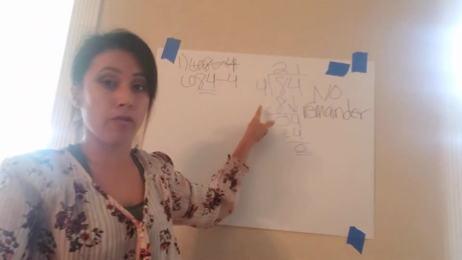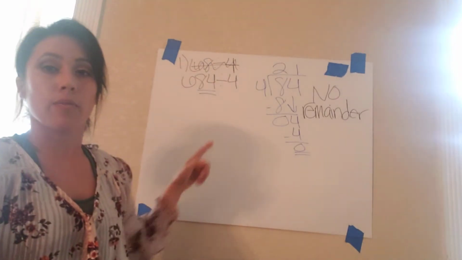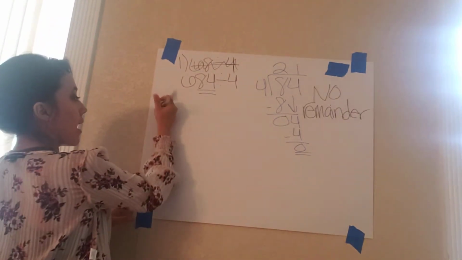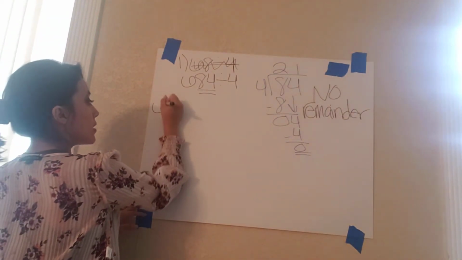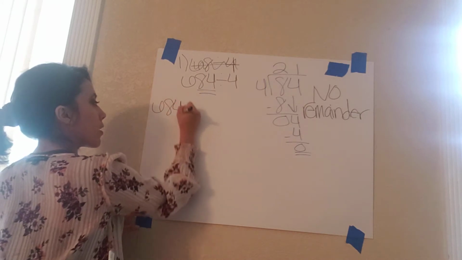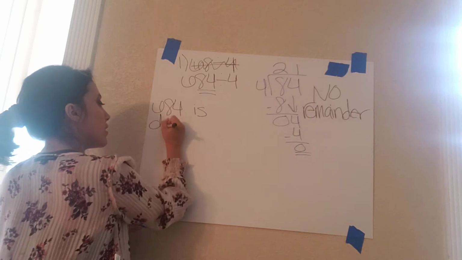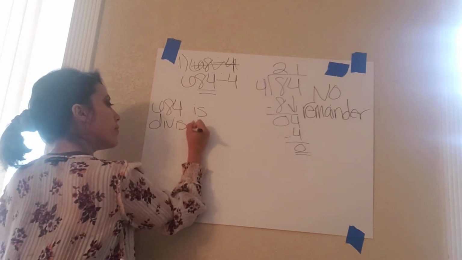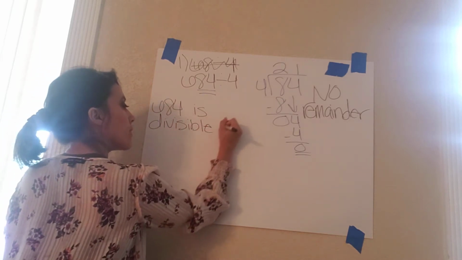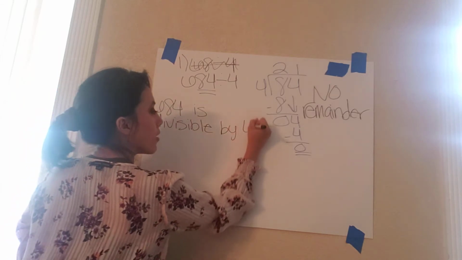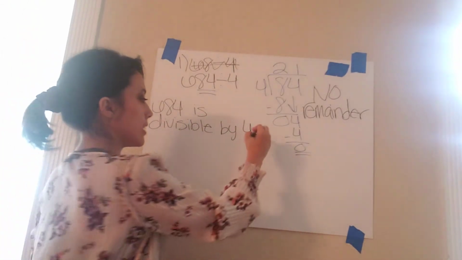And since 84 is divisible by 4, we have our answer that 684 is divisible by 4. So this is correct.